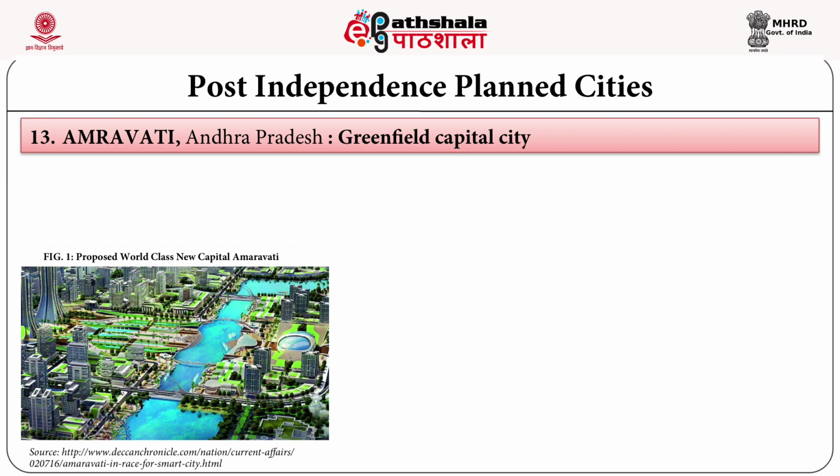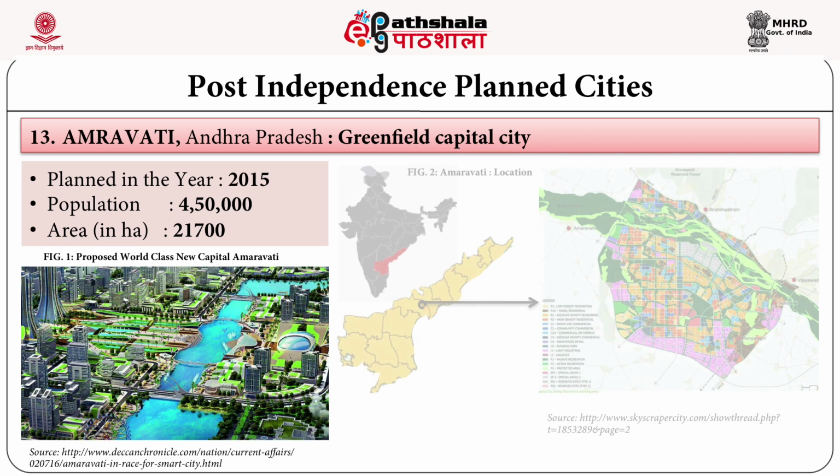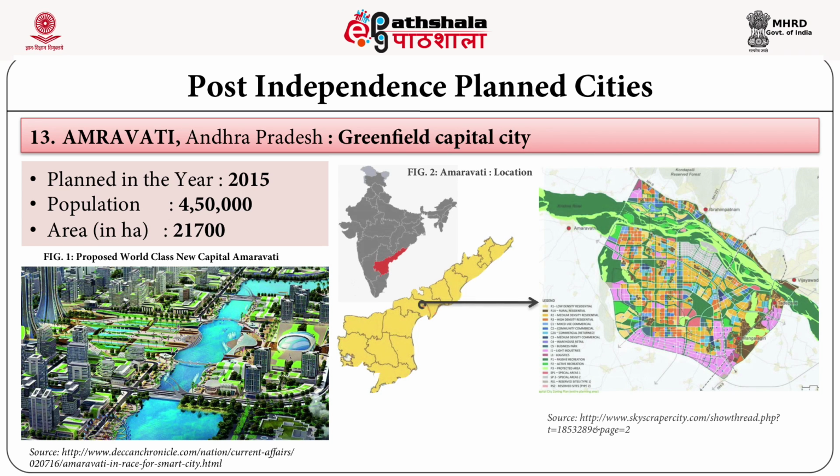It was planned in the year 2015, for a population of 4.5 lakhs, with an area of 21,700. So this figure 2 shows the location of Amravati in the state, and it also shows the bird's eye view of the new capital of Amravati, rather Amaravati.